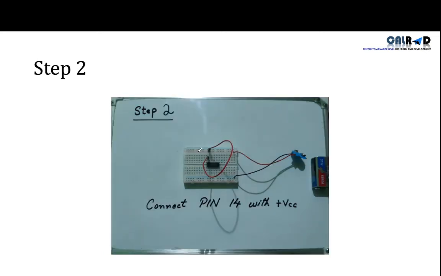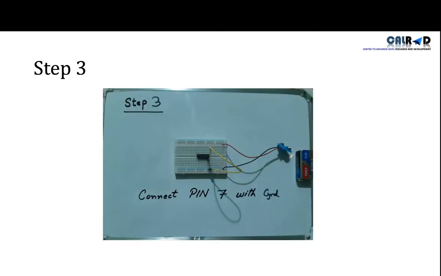The second step is we will connect pin 14 with the positive terminal, because this is connected with the positive terminal of the battery. Now step 3 is we will connect our pin 7 with the ground or negative, because this is connected with the negative terminal of the battery.